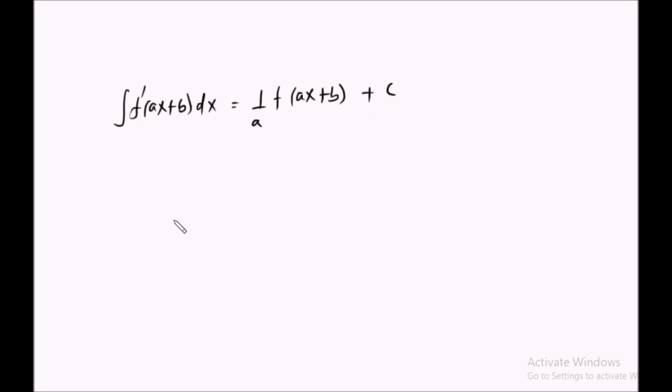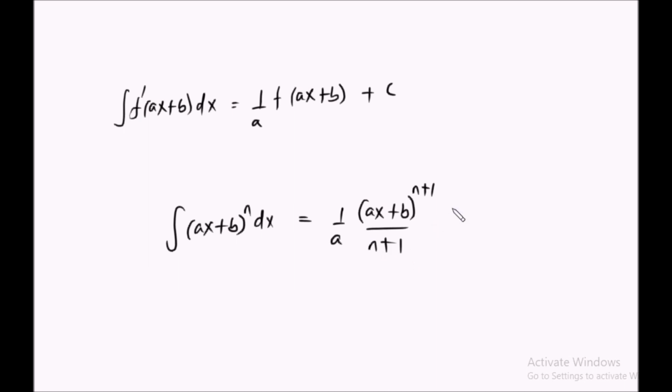Tuandike hivi: integral of (ax+b) power n dx ni sawa sawa na 1 over a times (ax+b) power n plus 1, over n plus 1, jumlisha c. You see? Ikariri hii hapa sasa.